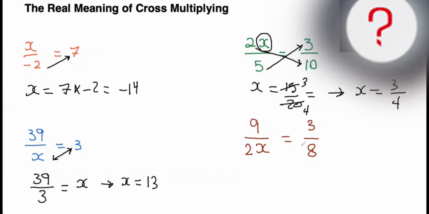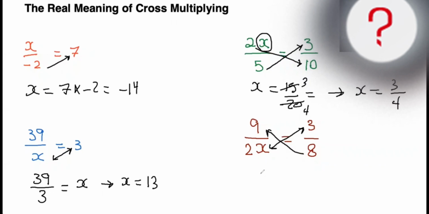Okay. Now, how about here? So here, again, you want the x to be by itself, but the x here is on the bottom, so we don't want it to be on the bottom. Can I do all of this in one step? Yes, I can. You want the x to go there, and at the same time, you want the 3 to come where the x is, and you want the 8 to go there. So now watch this.